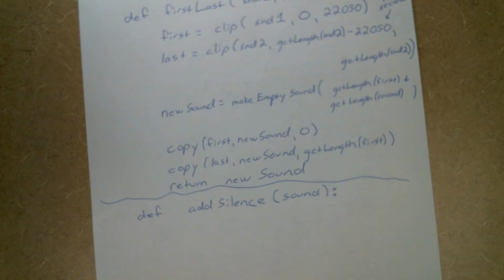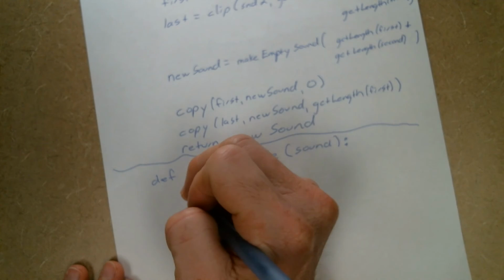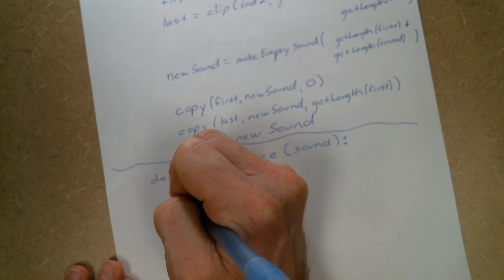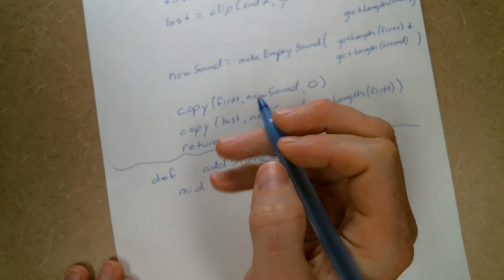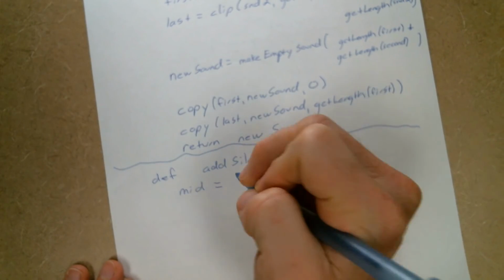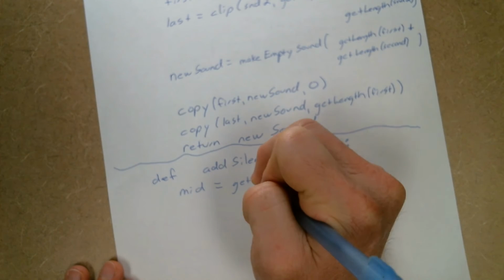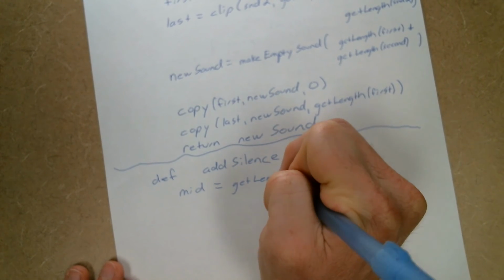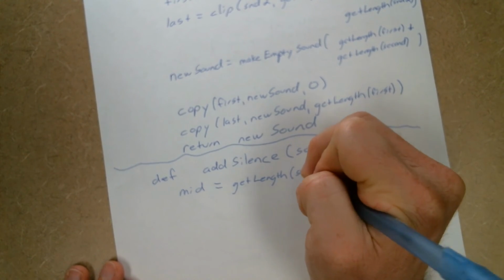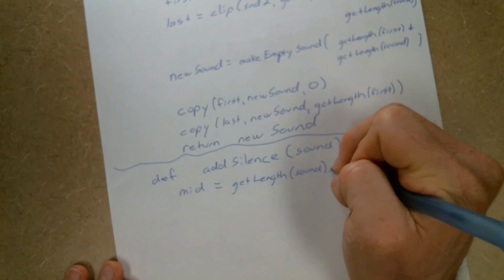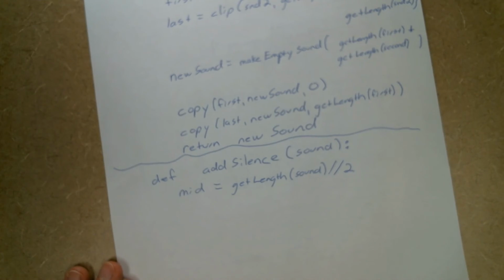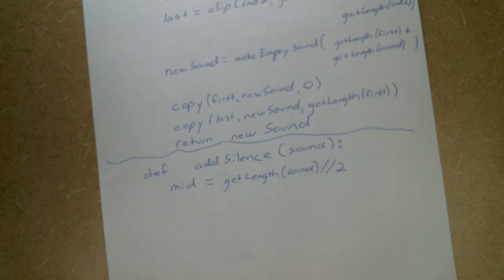Well, we're going to start by finding the middle. So I'm going to make a variable called middle. Well, I'll just call it mid. I'm lazy. And say mid equals get length of sound divide by 2. All right, so that gets me the middle of the sound, the exact middle.